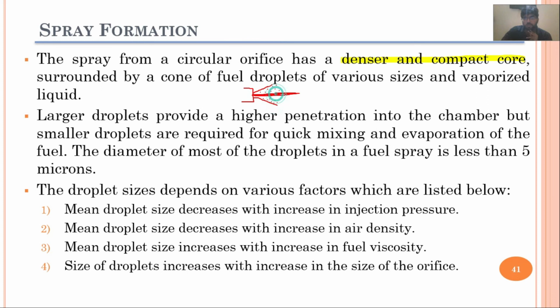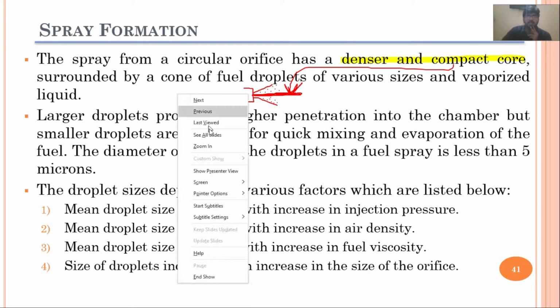But there would be a stream of fuel as well, which is being surrounded by the atomized or vaporized molecules of the fuel.